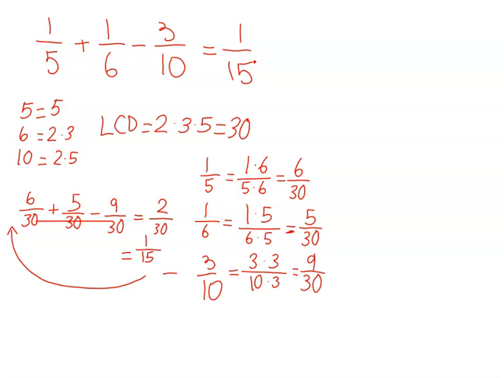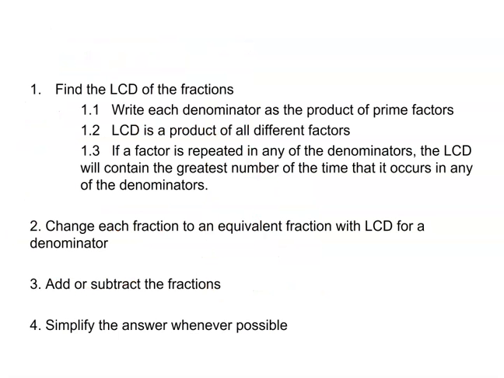Very good. So let me just summarize what we've done today. How to find the least common denominator of the fractions. So the big step where we'll always start from is how to find the least common denominator.